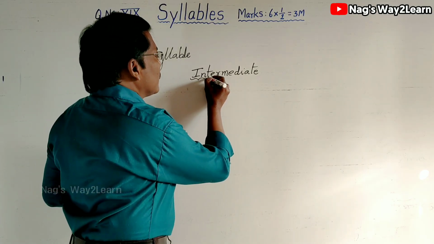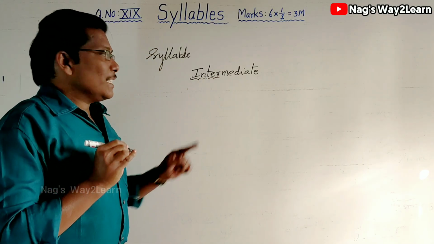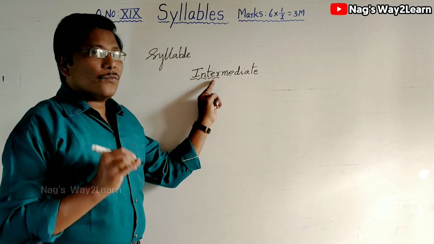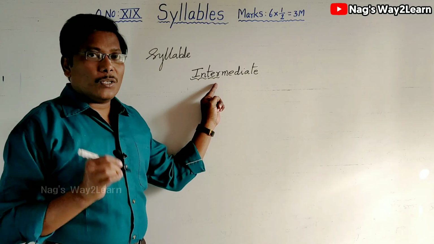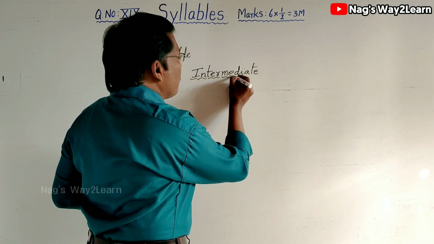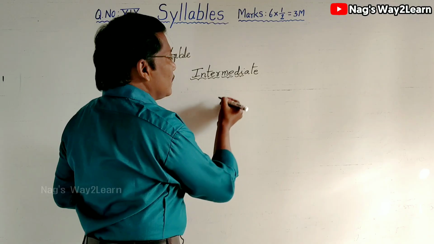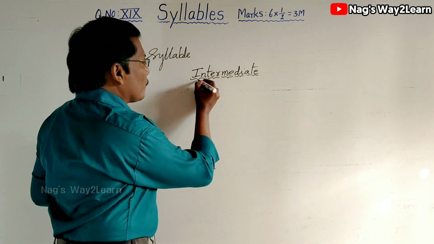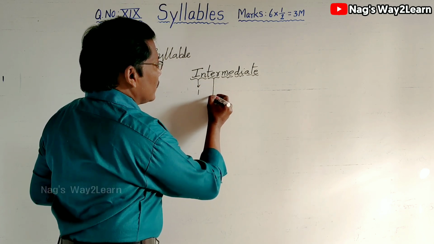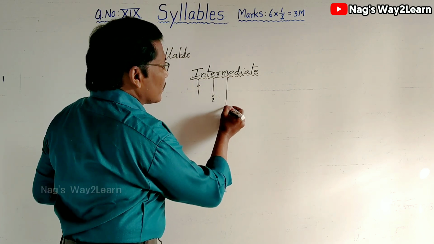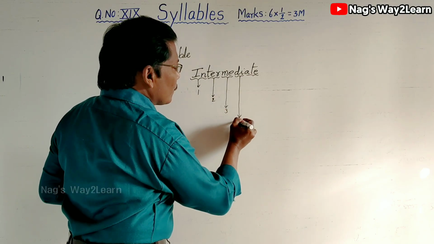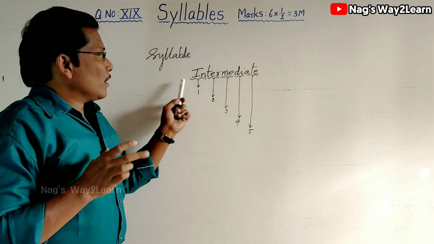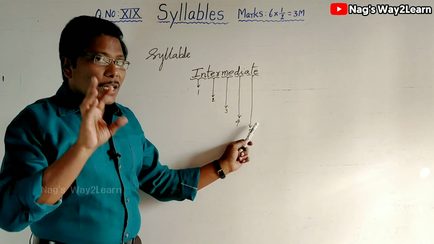In the same way ter, these three letters give a sound ter. So these three letters form a group and this is one syllable. And me, di, ate. So in, this is the first syllable, ter, this is the second syllable, me, this is the third syllable, di, this is the fourth syllable, and ate, this is the fifth syllable. Okay, so in the word intermediate, totally there are 5 syllables.